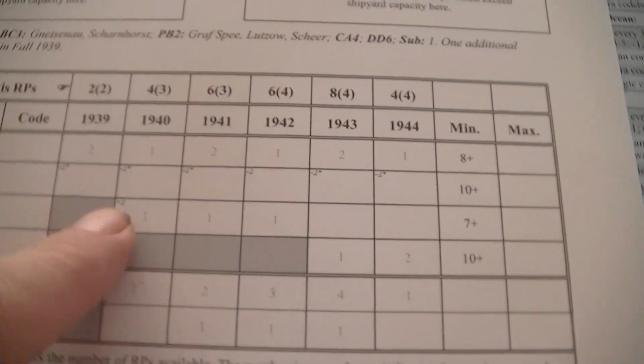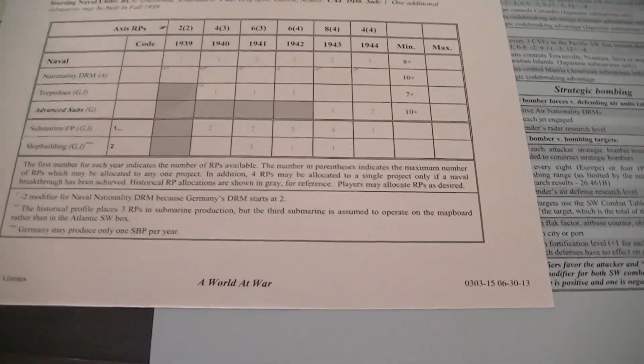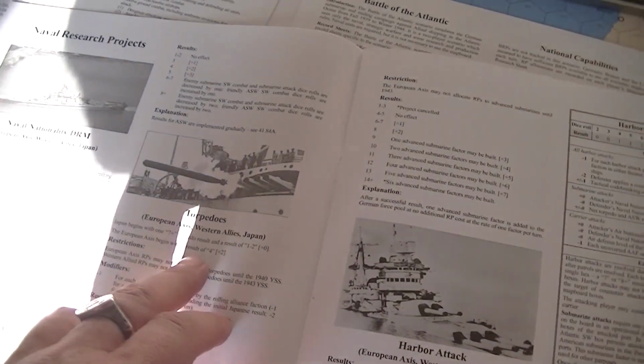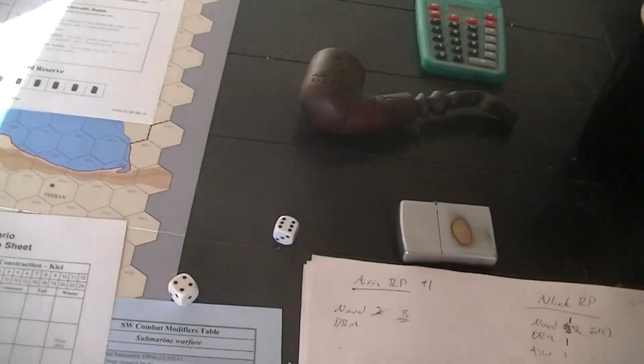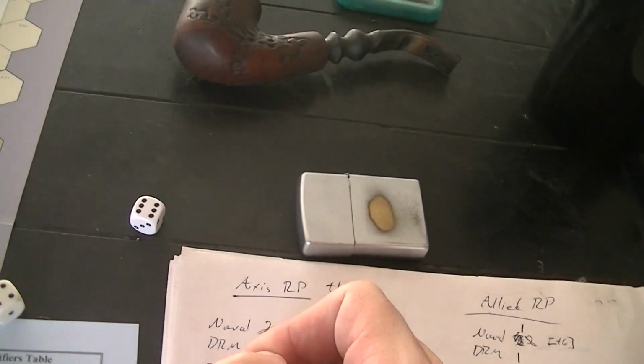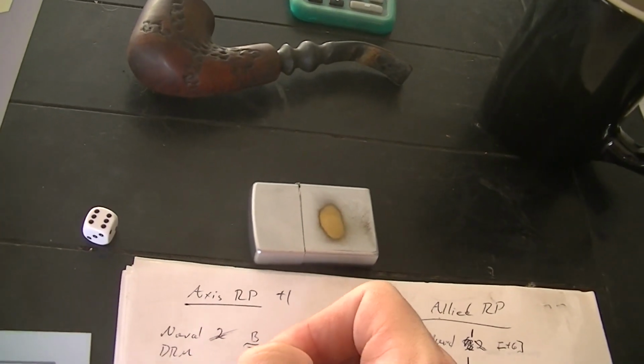If that's a minus, that looks almost like a plus to me. That is a plus. Okay. I start with a result of +2 in torpedoes. So I want to put a point in torpedoes.